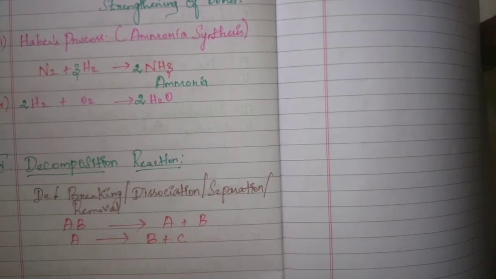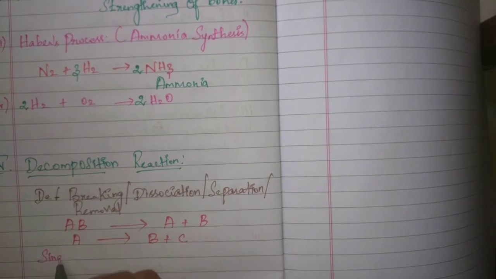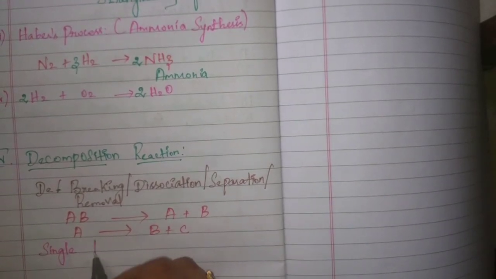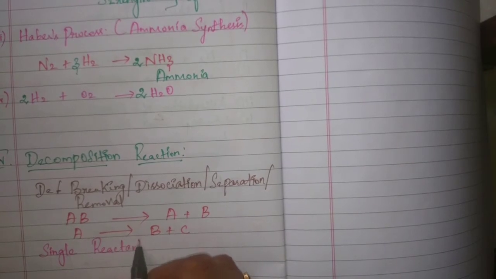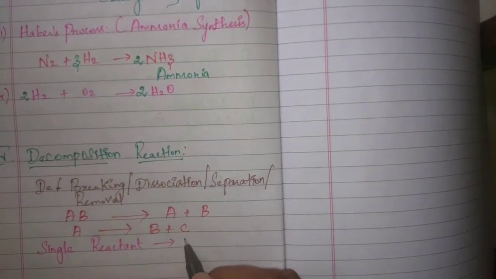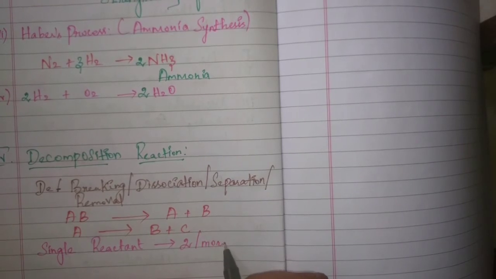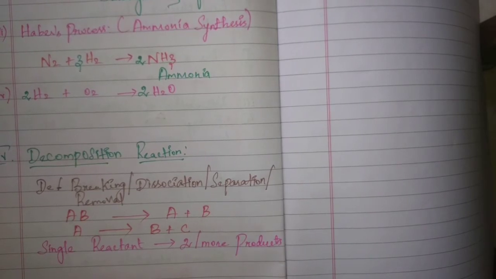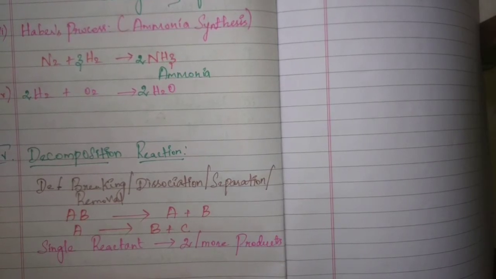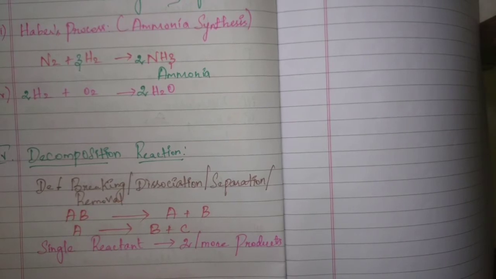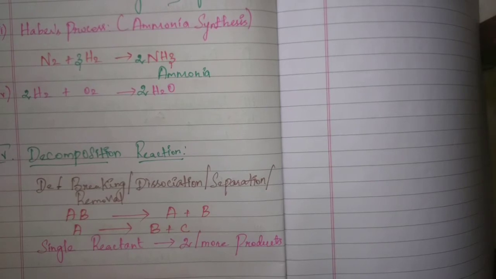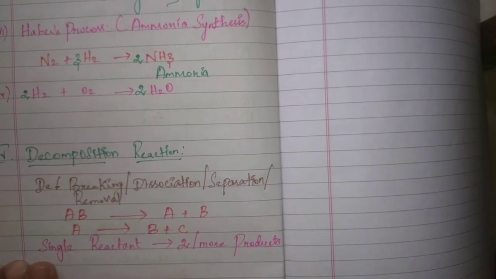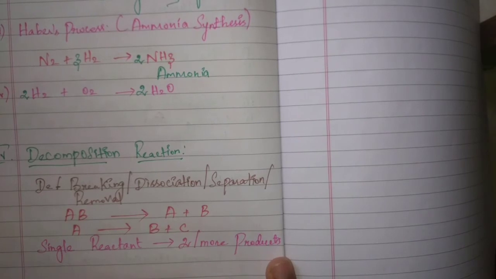So what is the hint here? Single reactant. It is very important, students. A single reactant gives two or more products. So this is the difference between combination reaction and decomposition reaction, students. In combination reaction, two or more reactants give a single product, but in decomposition, a single reactant gives two or more products. So we can say it is the opposite of combination reaction.